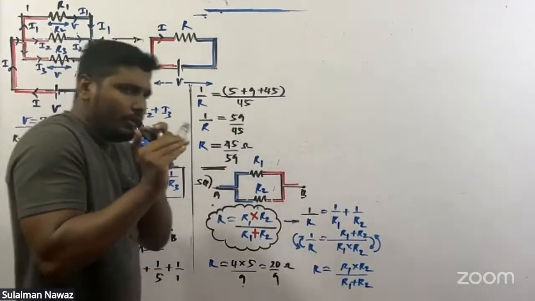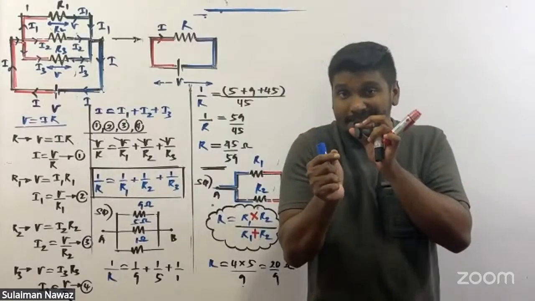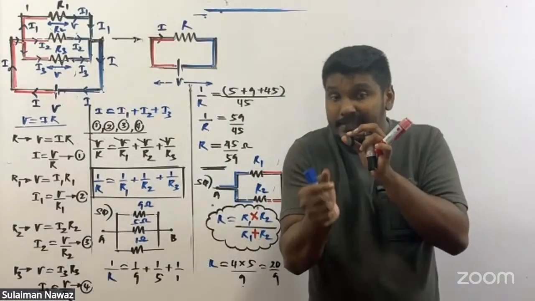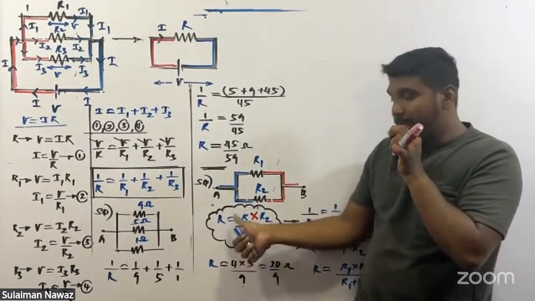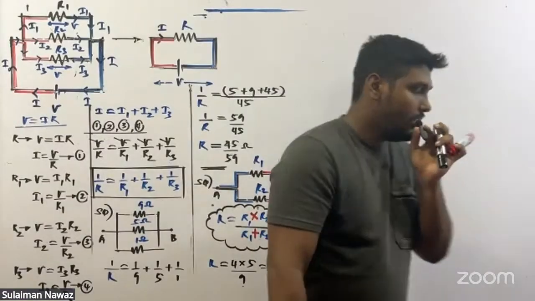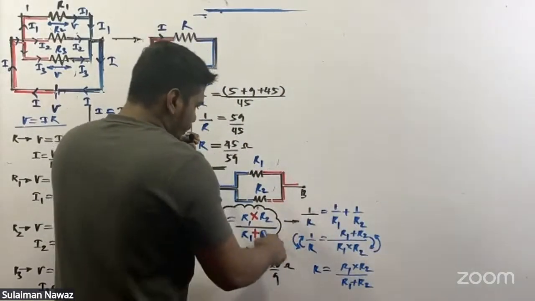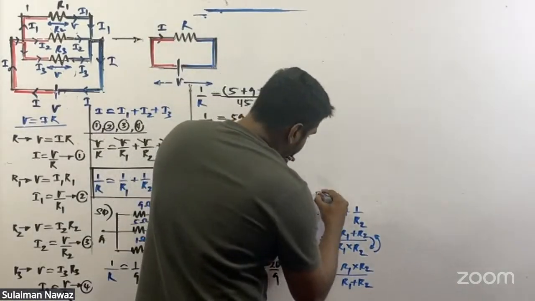If there are only two resistors in your system, you can multiply the values over add the values. That's it. And nearby, you can write this proof also.